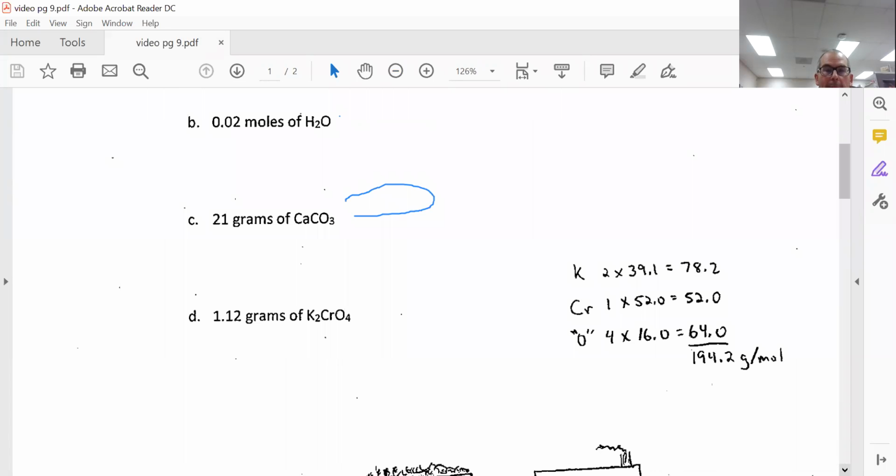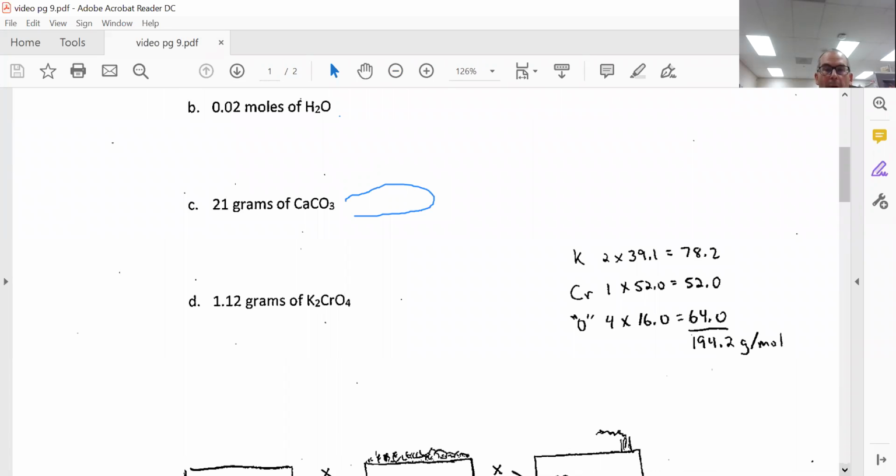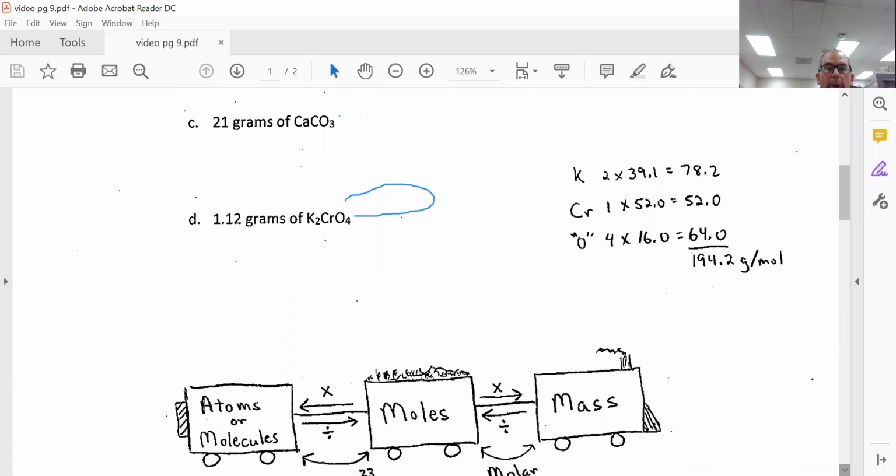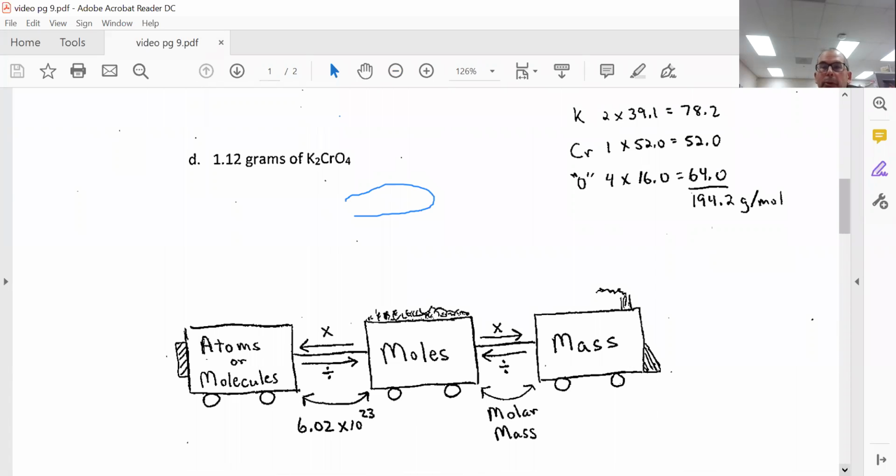I'm given 1.12 grams of K2CrO4. So let's just remember that piece from before. Our goal is to find how many molecules.